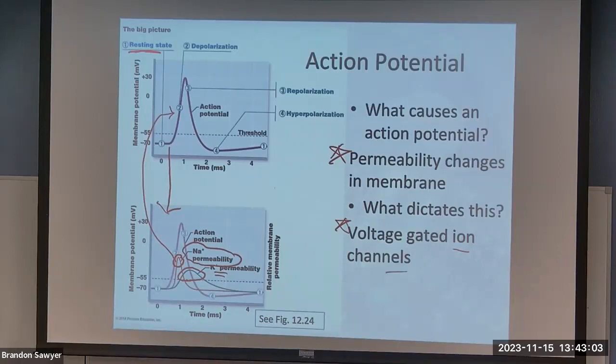Just like any protein, we can change its shape in different ways. We can change its shape by having something bind to it, by changing the temperature around it, or by changing the voltage around it. And that's what's happening here. These proteins are designed in such a way that as soon as the voltage changes around them, they change shape and that causes them to either open or close.